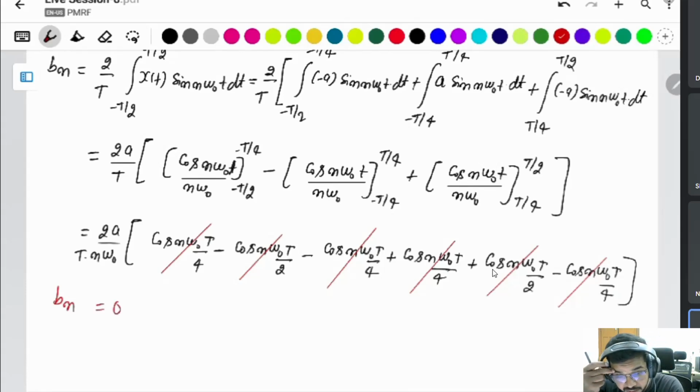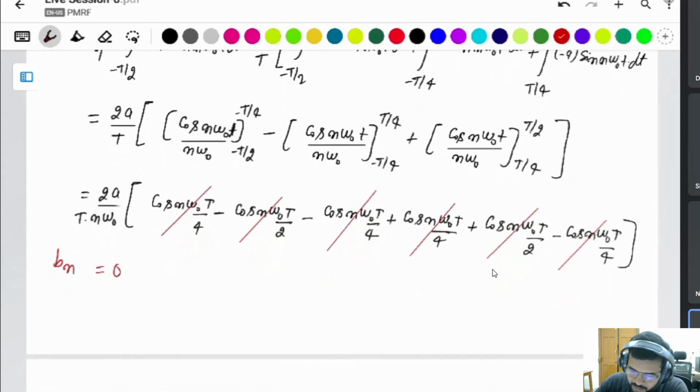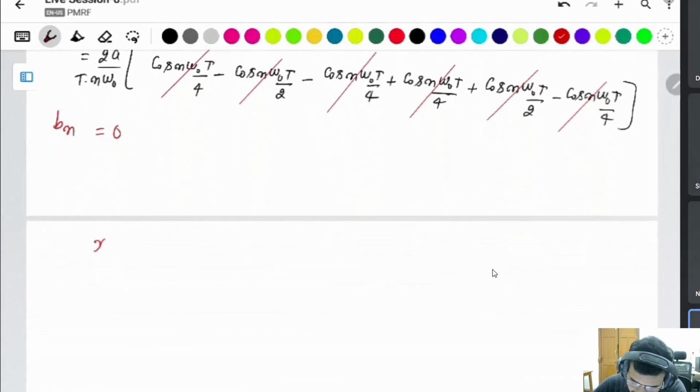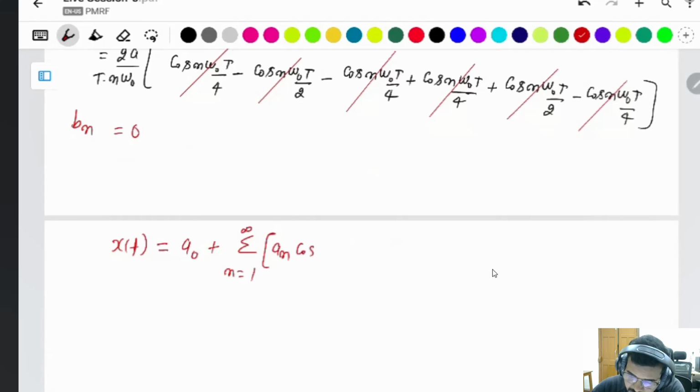An is there, something value, bn will be 0, and what is the value of xt? It will be a naught plus summation of n is equal to 1 to infinity an cos of n omega naught t plus bn sin of n omega naught t.